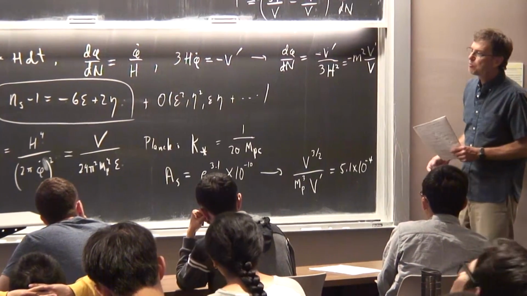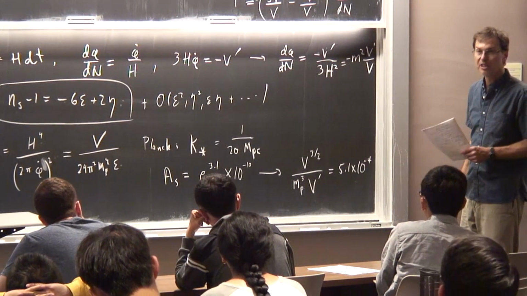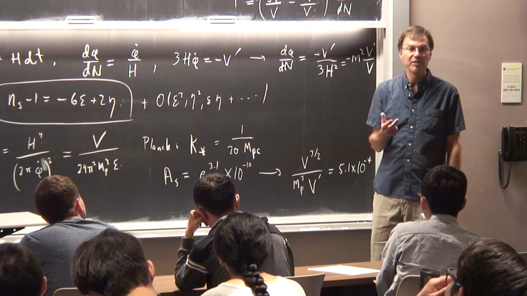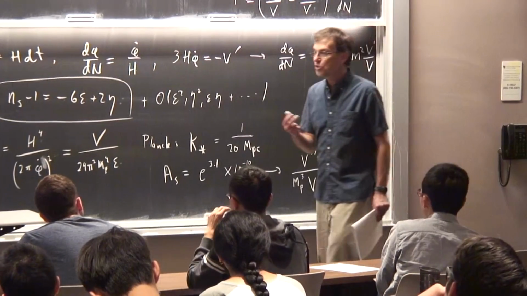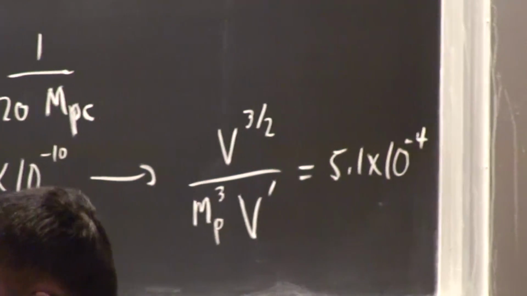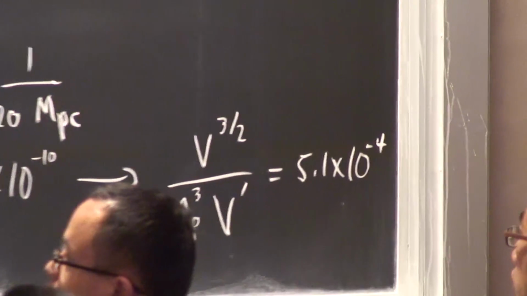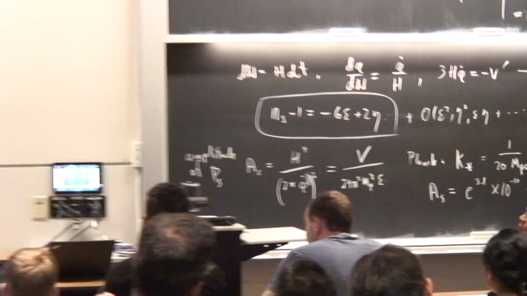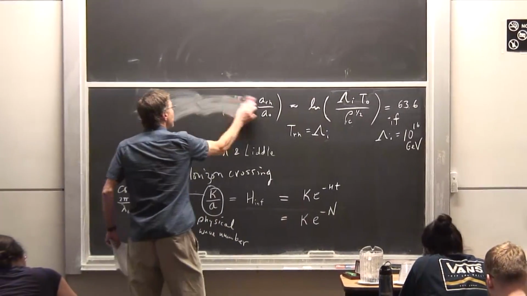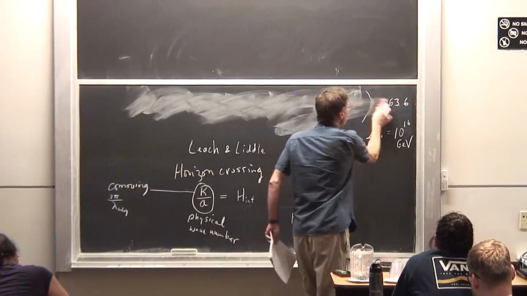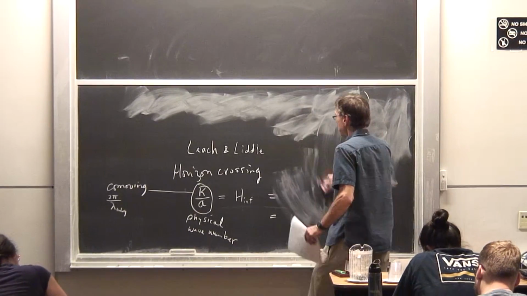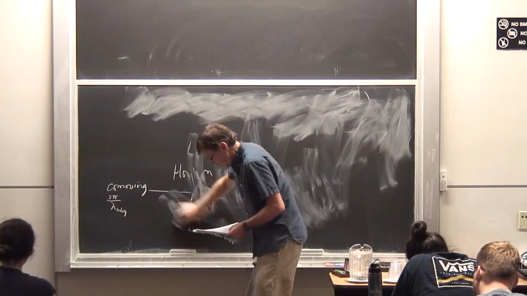Okay, now so far we've just been talking about scalar perturbations, but there's also gravity waves, and those are known as tensor perturbations. The graviton also gets excited during inflation, and again we'll come to this in a little bit, how these quantum fluctuations arise, but I'm just going to tell you what the effect is first.